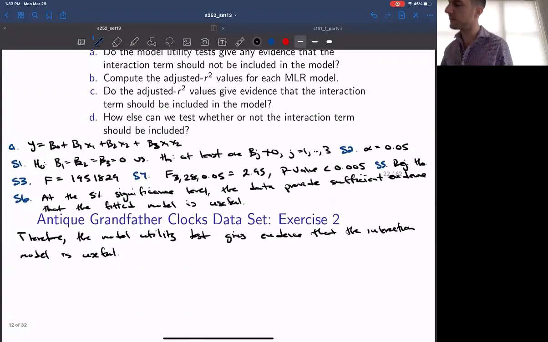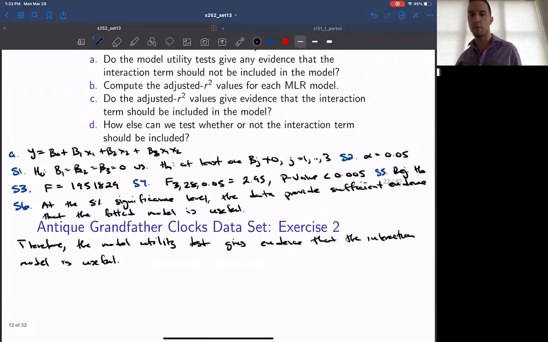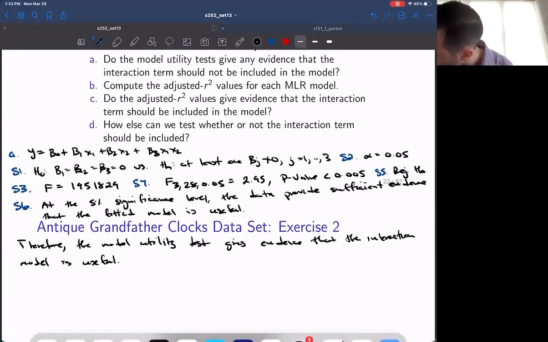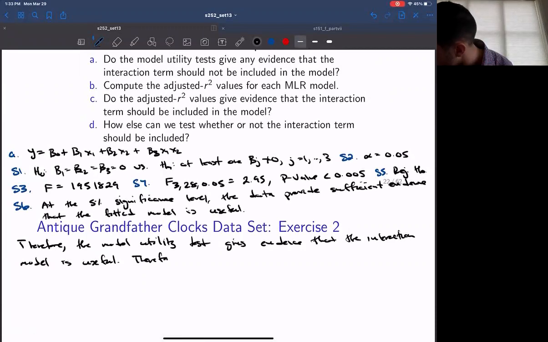Okay, so we have evidence that the interaction model is useful. This would mean that we should include the term in the model. Therefore, we should keep the term based off the test.